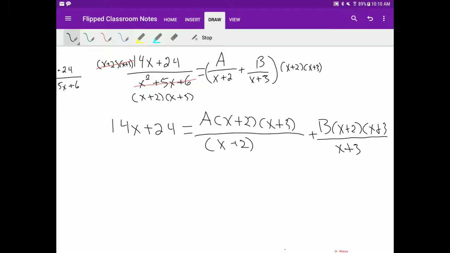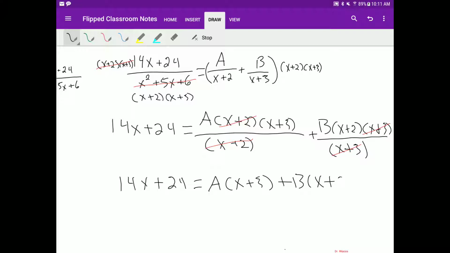Now if you look, these are fractions, so x plus 2 cancels with x plus 2, x plus 3 cancels with x plus 3. And we're left with 14x plus 24 is equal to a times x plus 3 plus b times x plus 2.